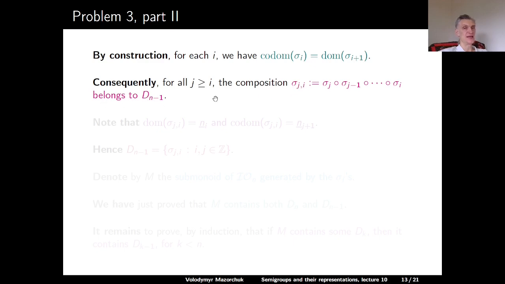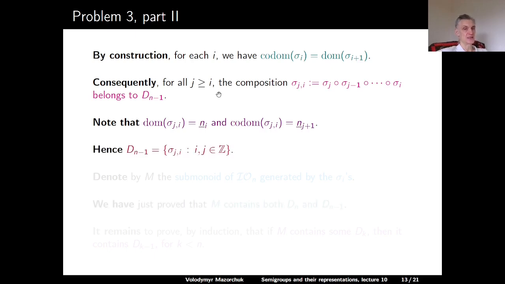This belongs to D_{n-1}, because in this composition the codomain always matches the domain of the next element. Let us note that the domain of sigma_{j,i} is equal to n underlined sub i, and the codomain of sigma_{j,i} is equal to n underlined sub j plus 1.